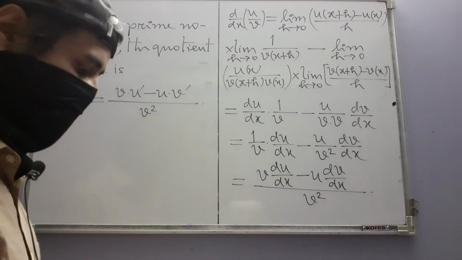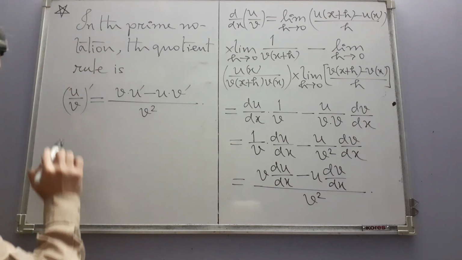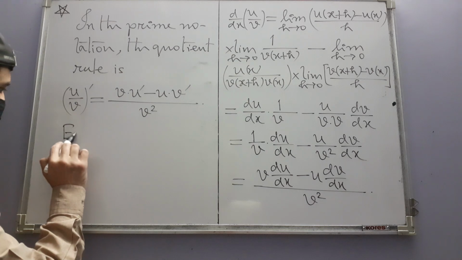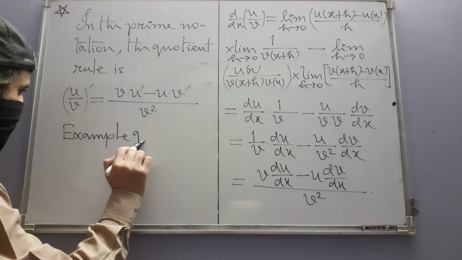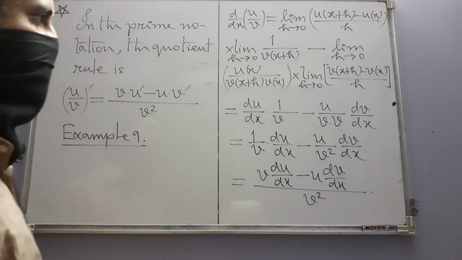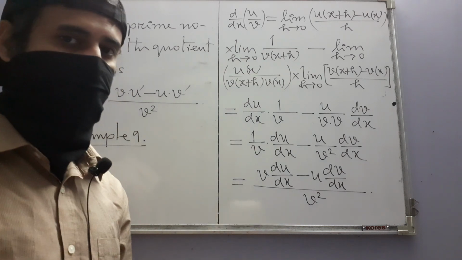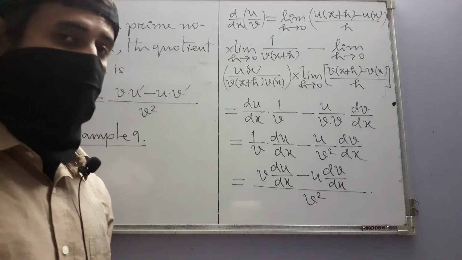Now let's see an example illustrating the use of the quotient rule. Unlike the product rule, which sometimes you can just simply not use because you can calculate the product, quotients are more difficult to deal with.